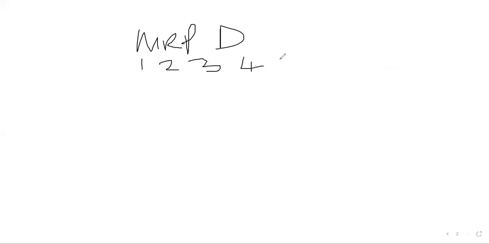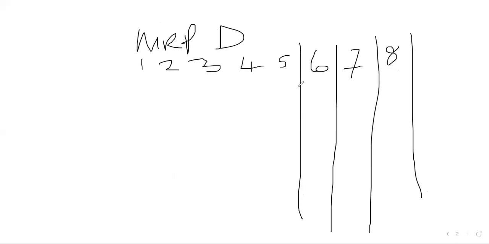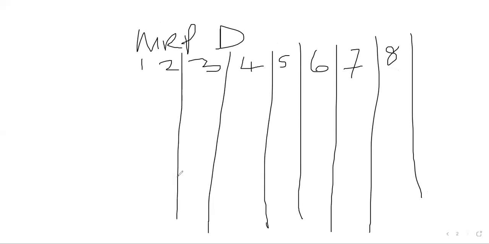So for the MRP for D, we also do the same, 1, 2, up to 8. The most important thing is to understand what is going on here. Which one comes first? It's supposed to be 60 components.